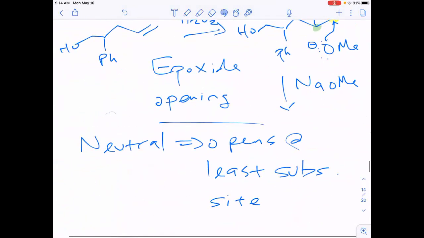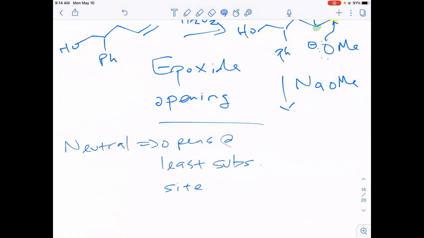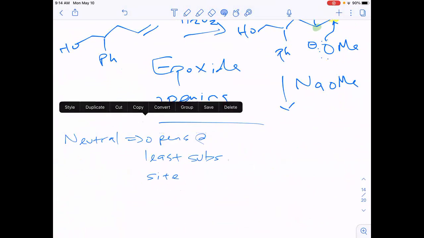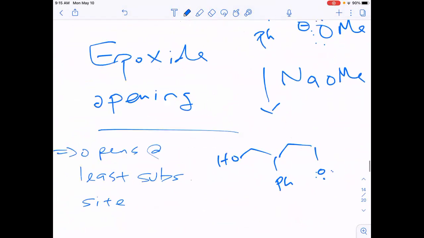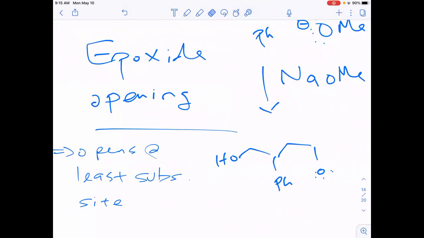Let me shrink this down to make some room. All right, so I'm going to get an intermediate that looks like this, where this is O. That's negative, so that's where that sodium is going to end up hanging out.